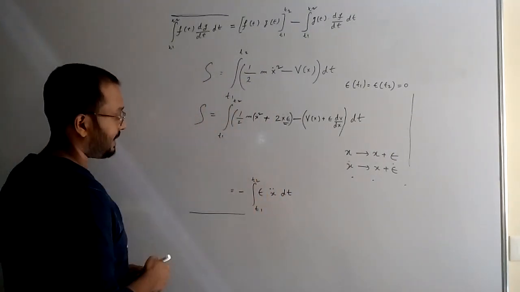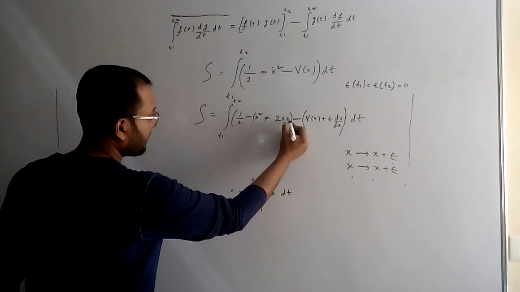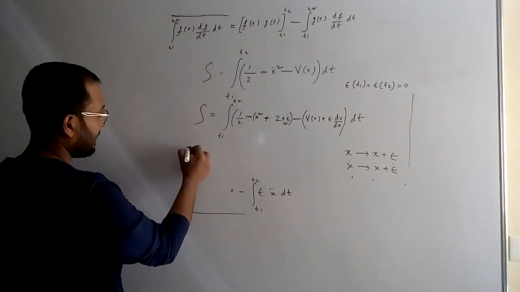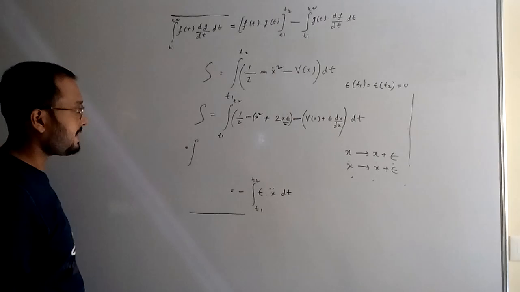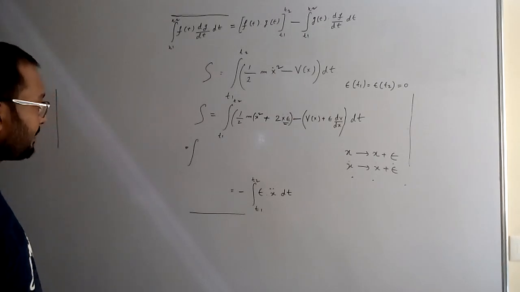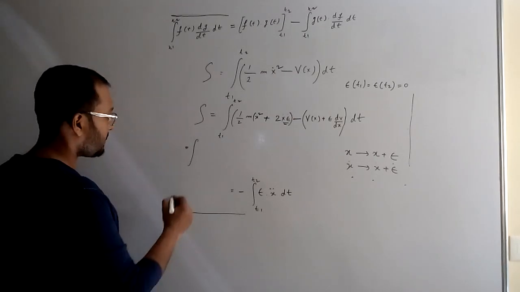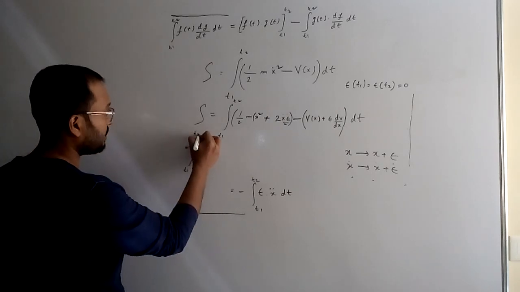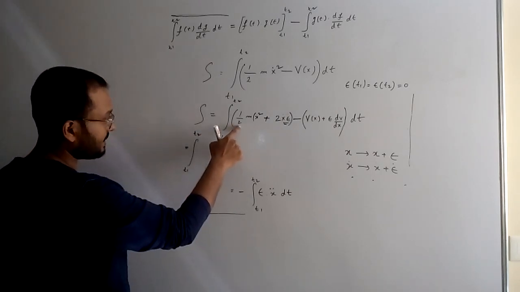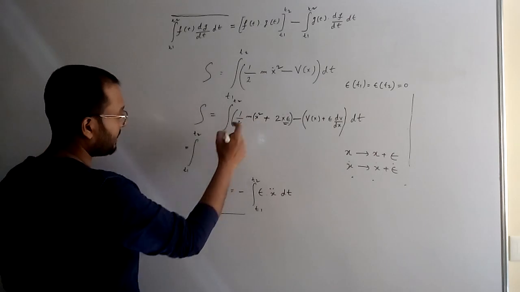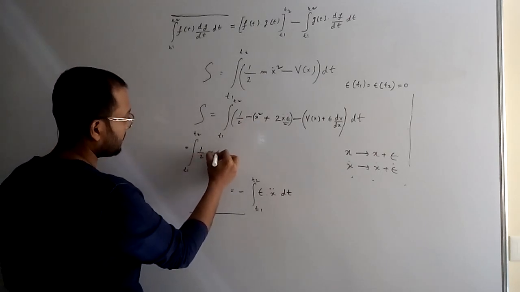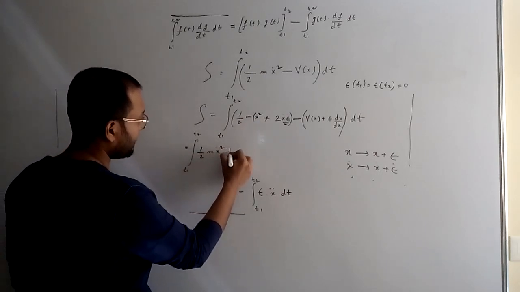This is only for x dot epsilon dot. Let me isolate all terms. Let me write out all terms individually. Integration from t1 to t2, notice there's the first term, half m x dot squared dt.